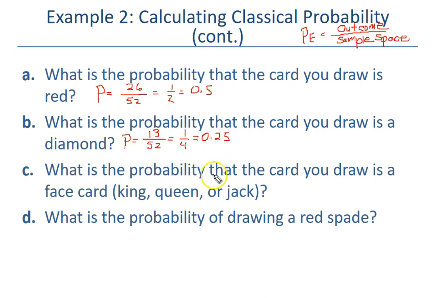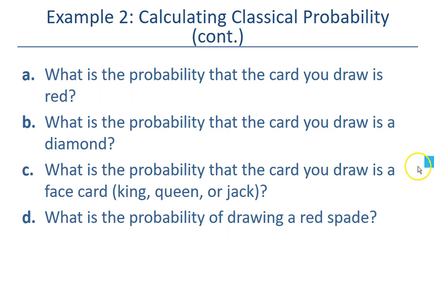What is the probability that the card you draw is a face card? How many face cards are there in a deck? Well, there are 12 face cards in a deck out of 52. And you can simplify that by taking a 4 out of each one.